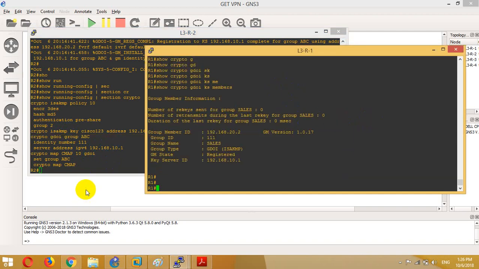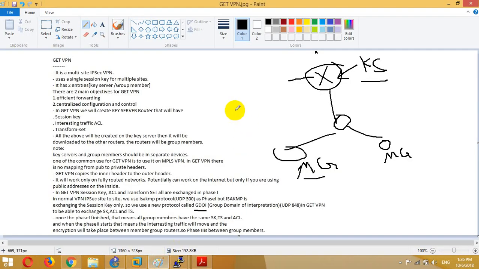One more thing I want to talk about, guys. As you remember, phase 1 and phase 2 each have a lifetime, right? So what about the session key? The session key has a lifetime.